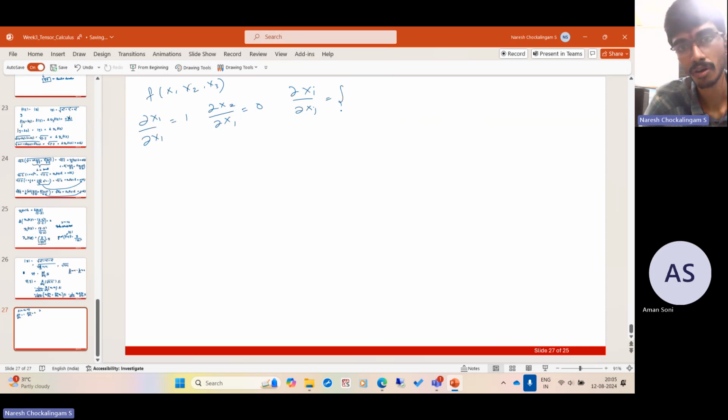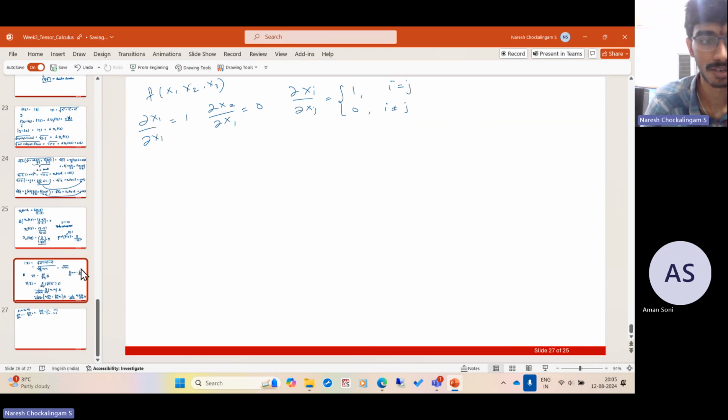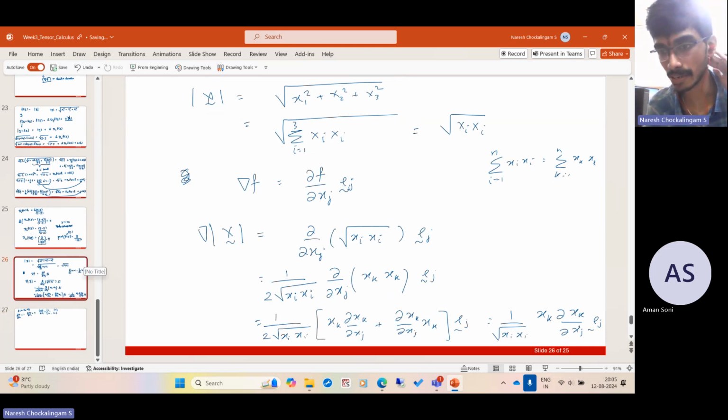It is equal to 1 if i is equal to j and 0 if i is not equal to j. The derivative of one independent variable with respect to another independent variable is 0 because they are independent. And the partial derivative of a variable with respect to itself is 1. So this can be written as the Kronecker delta, delta kj.